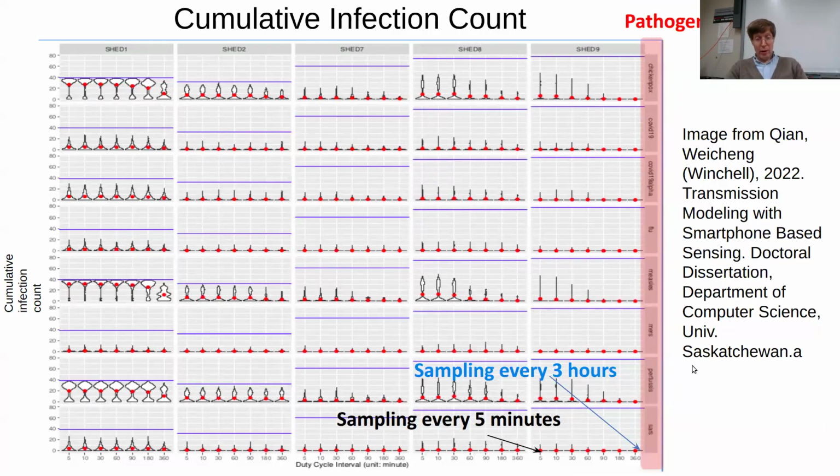Here, looking at it, going from sampling every 5 minutes to every 10 minutes, every 30 minutes, every 60 minutes, every 90 minutes, 180 minutes, and this, I could say this is 3 hours, 6 hours, right?